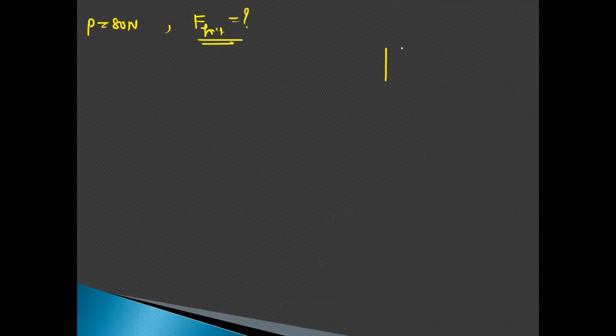Again, observe the free body diagram. This is 100 Newton. This is P cos 30. This is P sin 30. This is the normal reaction, and this is the frictional force.